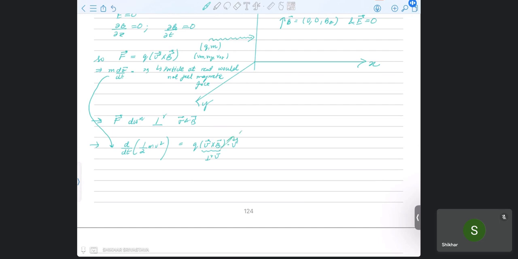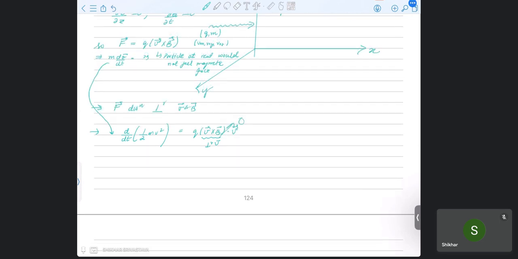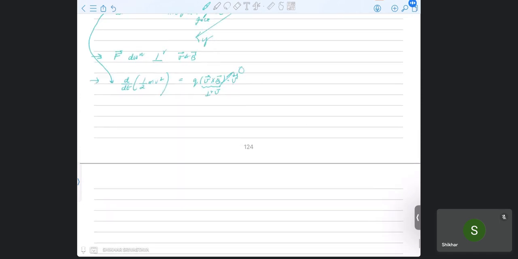So this term will be 0, and the work done will be 0. So we can write d by dt of half m v square is equal to 0. So kinetic energy is conserved. That means it doesn't have any potential energy; only kinetic energy is conserved. And the work done by the magnetic field will also be 0. Important points: first, second.